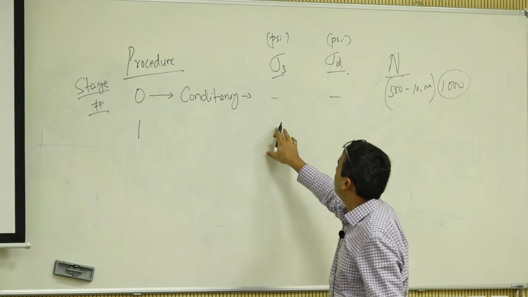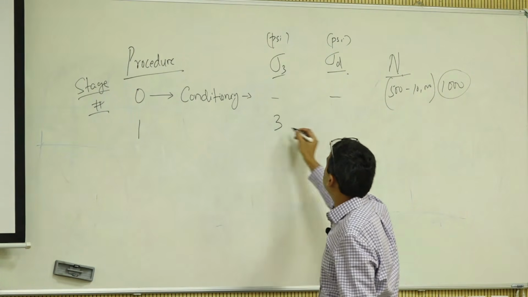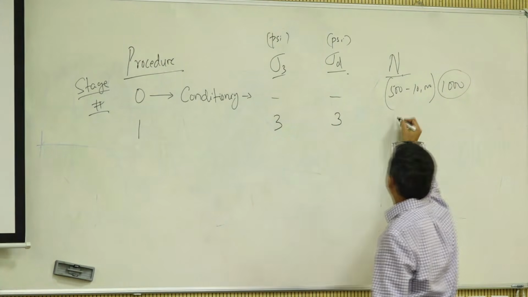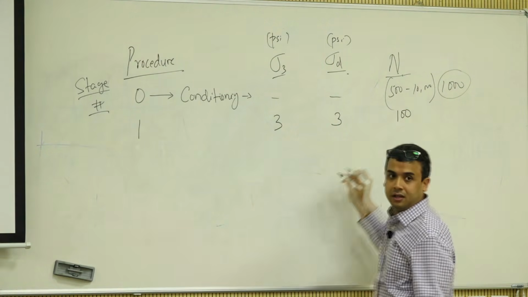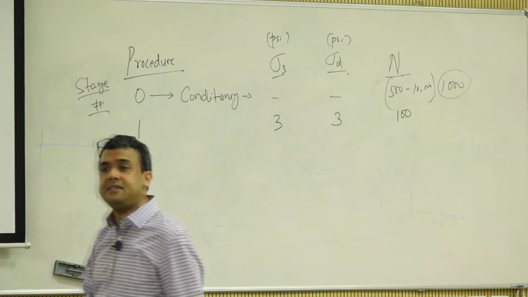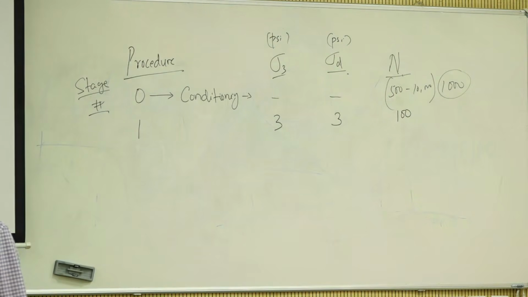It's 3 psi, 3 psi, and you apply 100 cycles, and every cycle takes how long? 1 second. So this sequence takes 100 seconds, which is 1 minute 40 seconds, right?